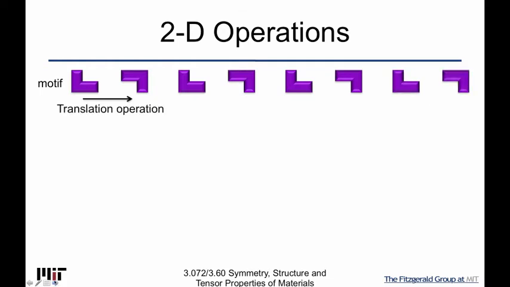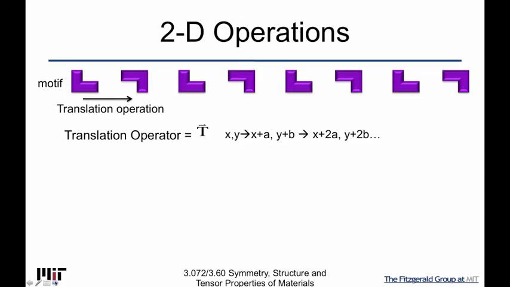And we already introduced the idea that there's a translation operation, that when moving from point A to point B, we're going to have a translation. A translation operation is written as T in a more formal way. So T with the arrow above it means that it's a vector, because you have to say where it's going.